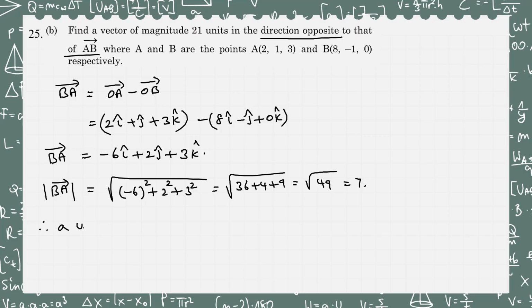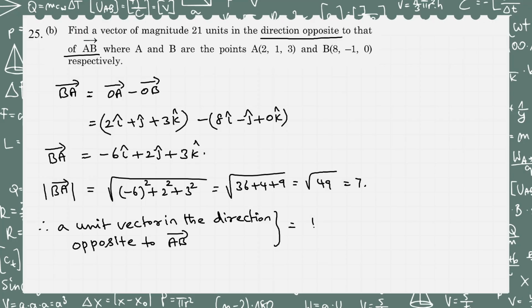Therefore, a unit vector in the direction opposite to AB vector is equal to BA vector divided by length of BA vector, which is minus 6i plus 2j plus 3k divided by 7. Now we want a vector whose magnitude is 21 units.